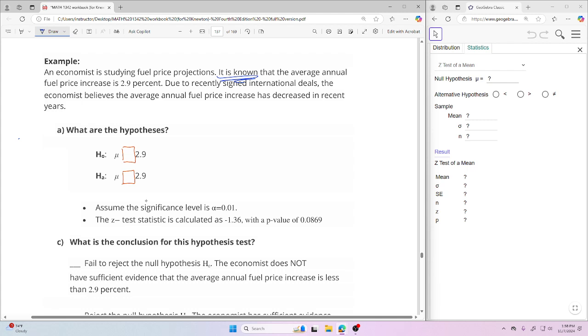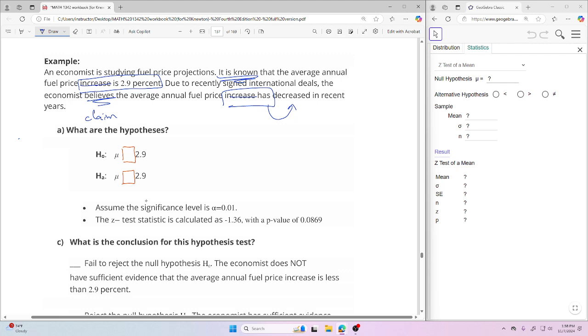Due to recently signed international deals, they claim that the average fuel price increase has decreased. I don't know why they use this word. Let's just leave this out and say fuel price. Is that okay? Because that was just confusing. So fuel price decreased.